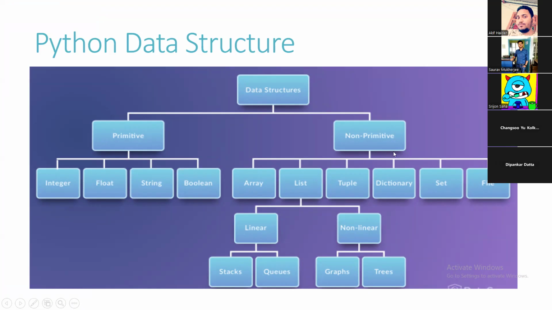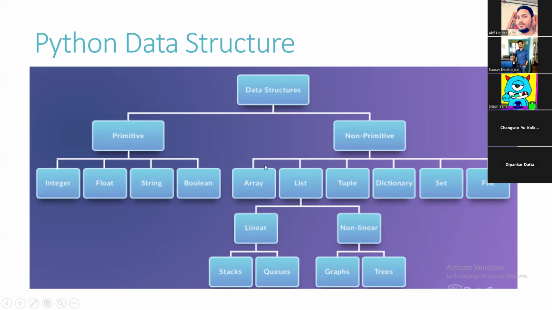And these are the non-primitive data structures: array, list, tuple, dictionary, set, and file. This is very, very important when you go for Python programming.